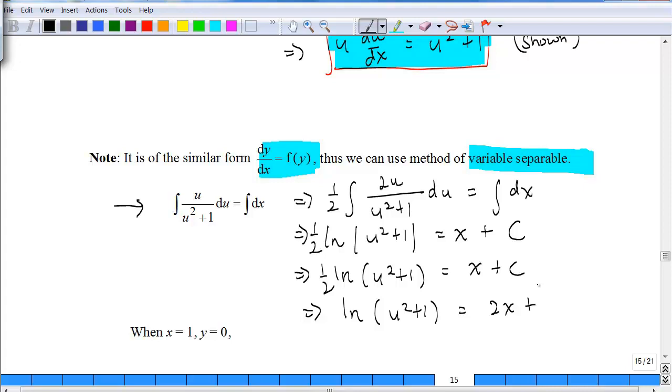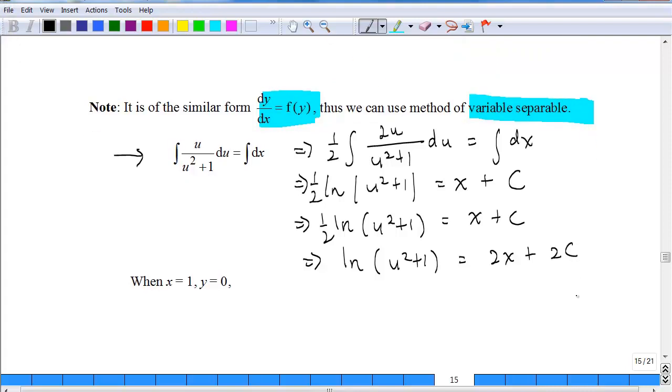But in order for us to be a bit more elegant in the way that we write down our arbitrary constant, 2c, we can always call it by another letter if you wish to, but if you don't, then we just retain the 2c. Okay, right.